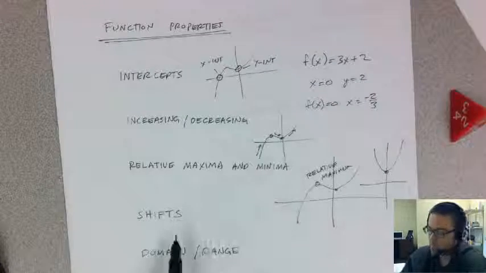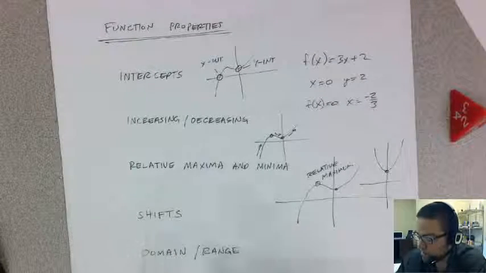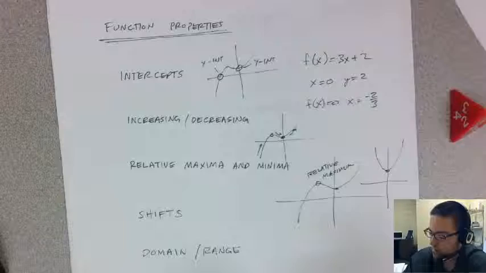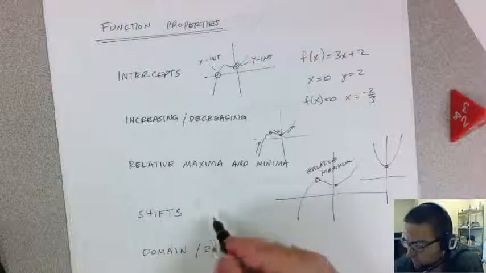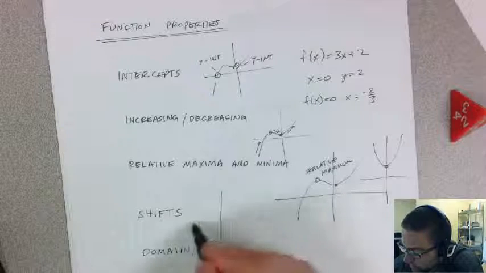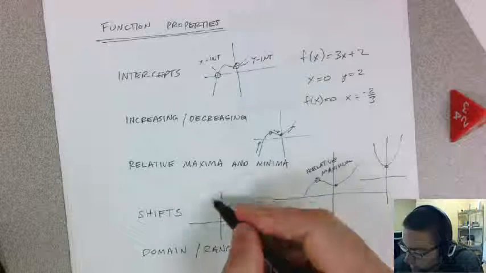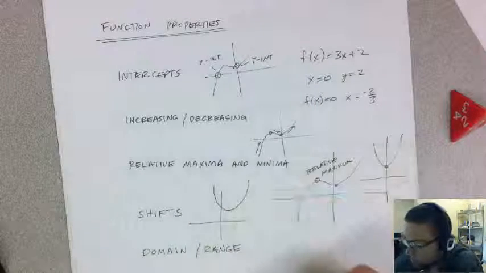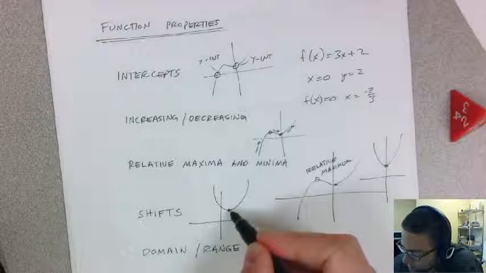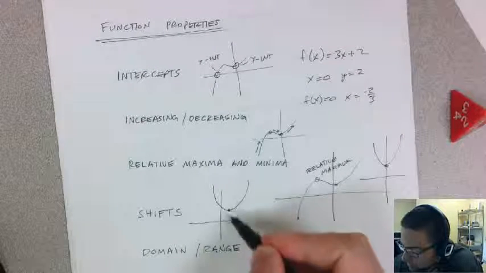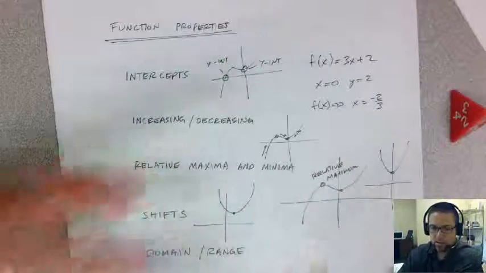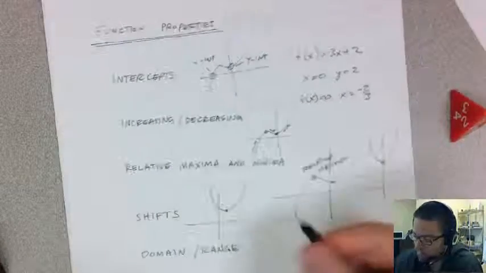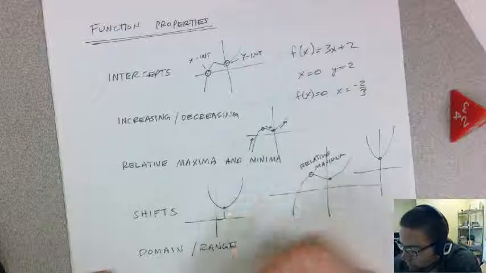Okay, another thing to notice about functions is their shifts. So there are certain patterns of graphs that we've gone over, and we'll go over some more. But if you see a graph like this, for example, you can say, oh, it looks like this thing was kind of shifted over and up. If I wanted it to be nice and symmetric and centered on this 0, 0, it was shifted over and up.